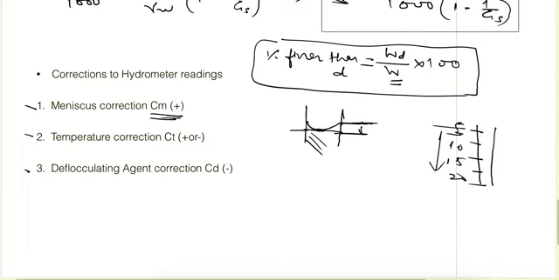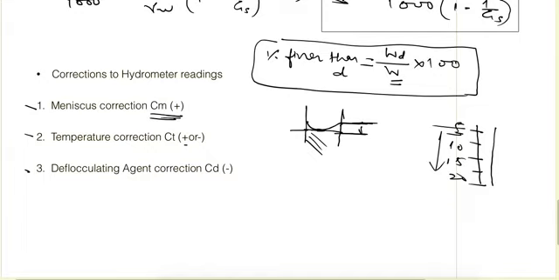Temperature correction can be subtractive or additive depending upon the temperature. If we are increasing the temperature, then the density of the liquid will decrease, and if the density of liquid is decreasing, then more weight of the liquid has to be replaced to counterbalance the weight of the hydrometer.